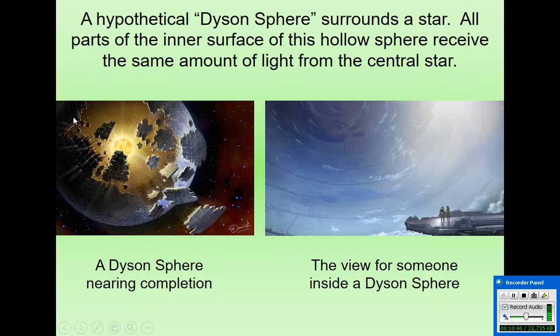And on the left, we see an artist's conception of a Dyson sphere in the final stages of construction. You can see the star at the center, and you can see the final pieces of the sphere being put in place so that it entirely surrounds the star. And the image on the right is an artist's conception of what it might look like if you were actually inside the Dyson sphere. And so you could see sky on the far side of the sphere.